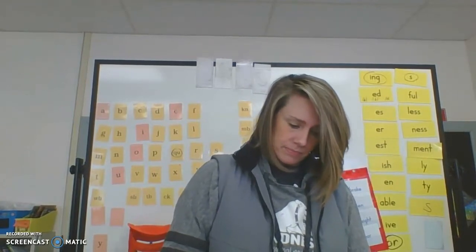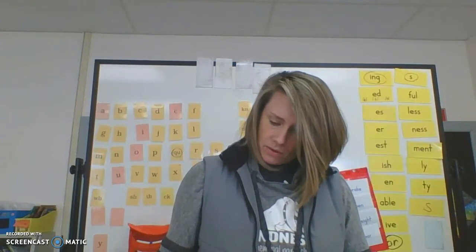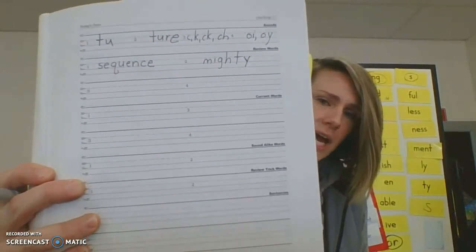And then remember, there's a suffix ending. Not just might, but mighty. Okay, are you ready to see the answer? All right. It's IGH for the long I in mighty.